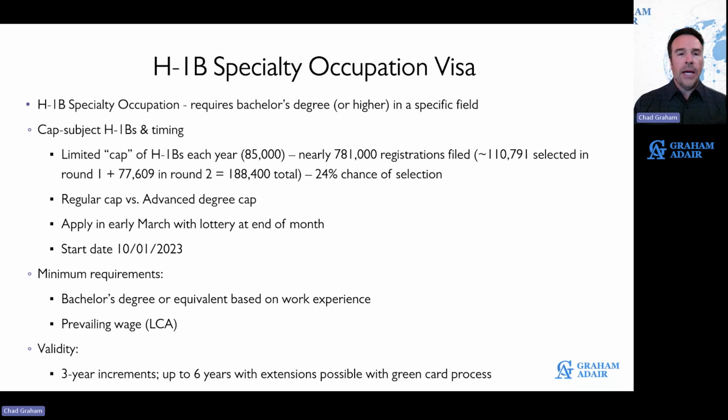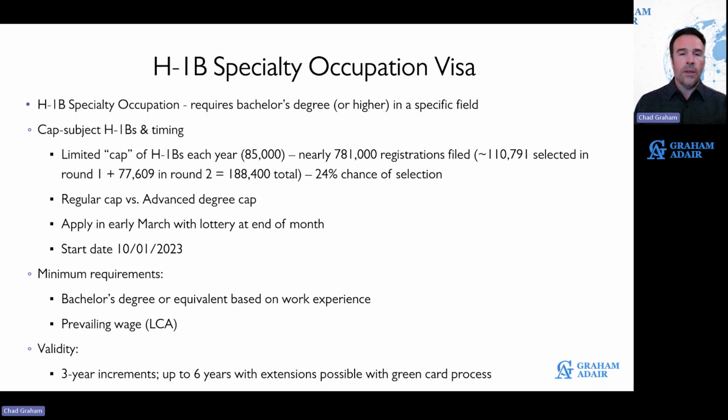Now, this is further broken down into whether the person has an advanced U.S. degree. There are two different lotteries that are run. The regular lottery is 65,000 and the advanced degree is 20,000. Those two together is how you get that 85,000. So if you have an advanced U.S. degree, let's say a master's degree or a PhD, you get entered into that advanced degree lottery first.